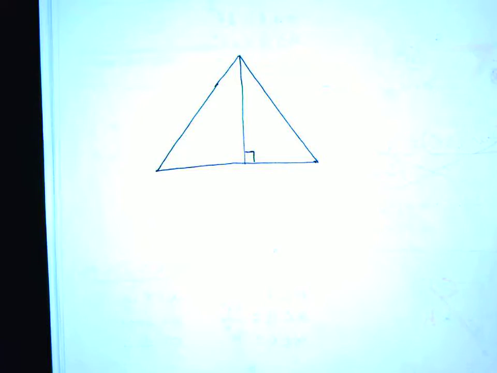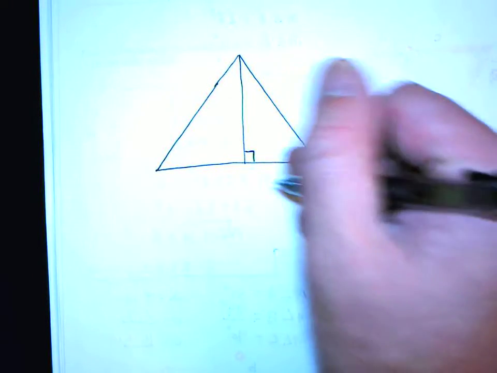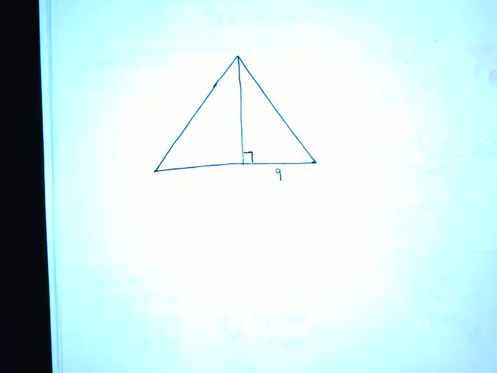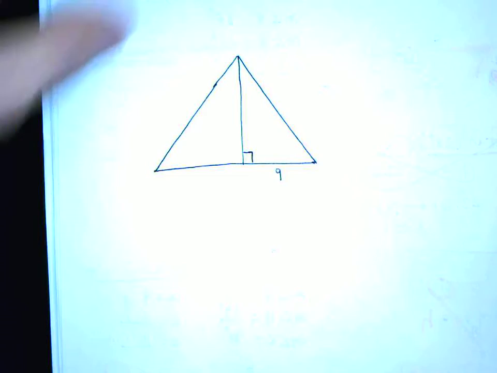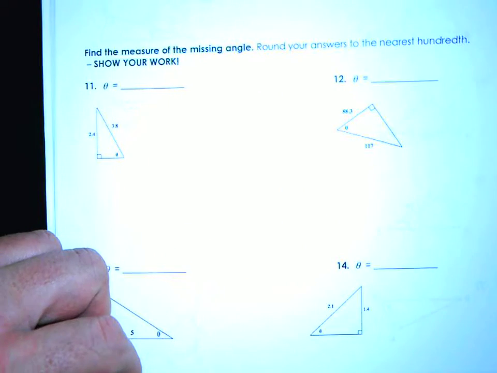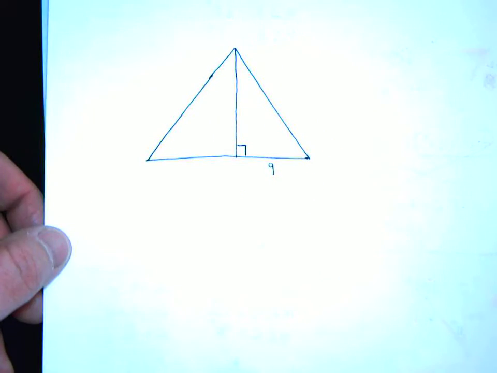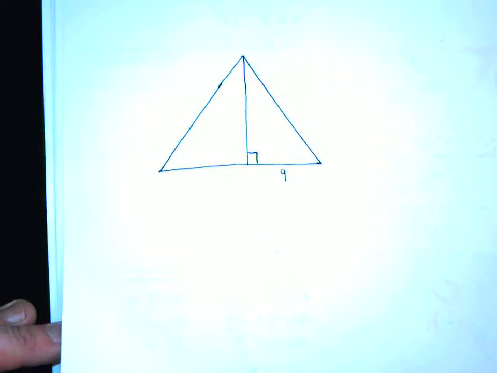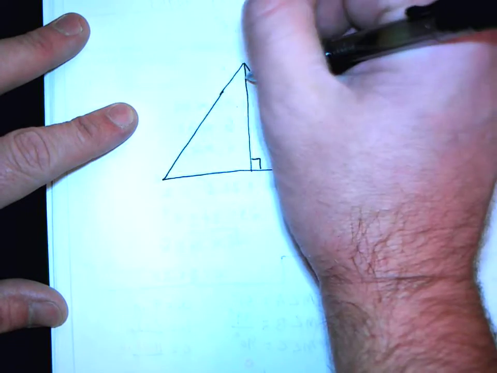And let's say they tell you that from here to here is 9, and that this is 51 degrees.